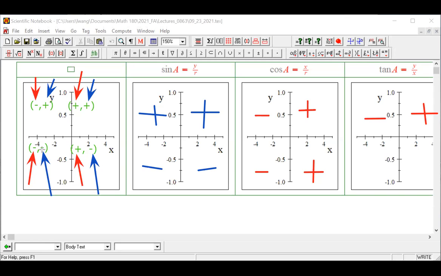On the third quadrant, negative divided by negative, positive. Fourth quadrant, negative divided by positive, negative. Does everybody follow me? Once you know how to figure this out, do you need to memorize?